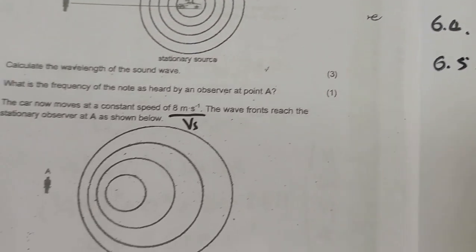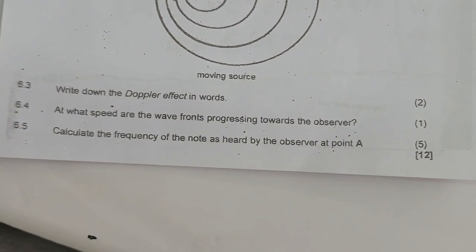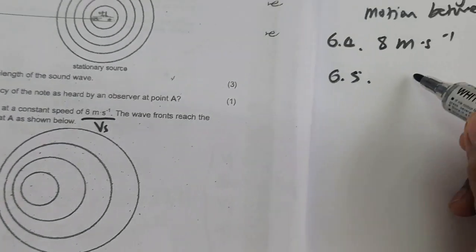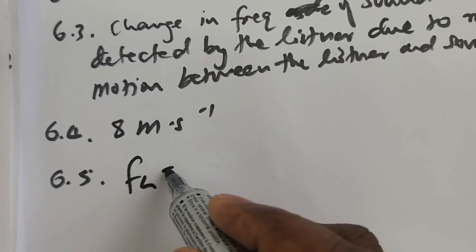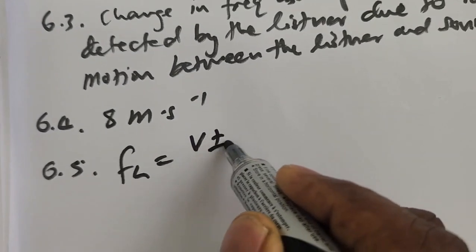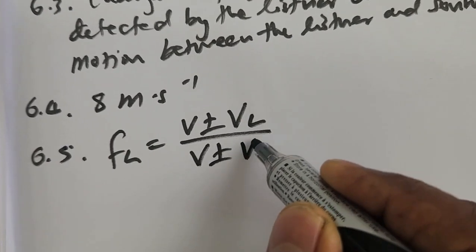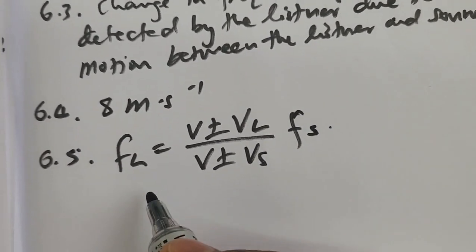6.5. Now they're telling us to say, calculate the frequency of the note as heard by the observer at point A. We're calculating FL. Therefore, the Doppler equation comes into the picture here. Copy it the way it is in the examination guideline, in the formula sheet. Please.